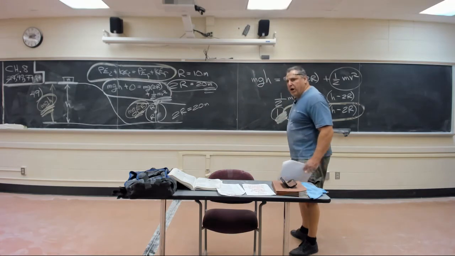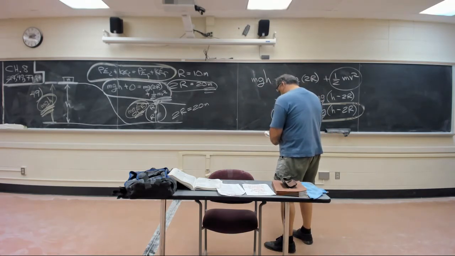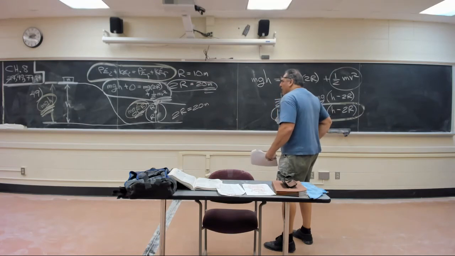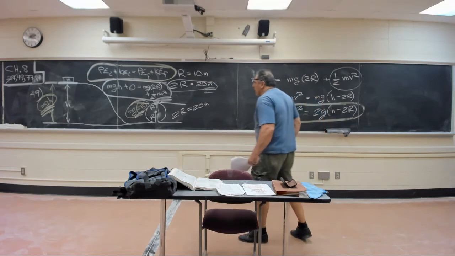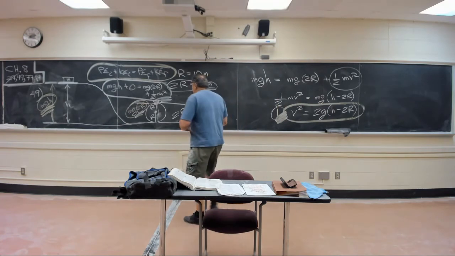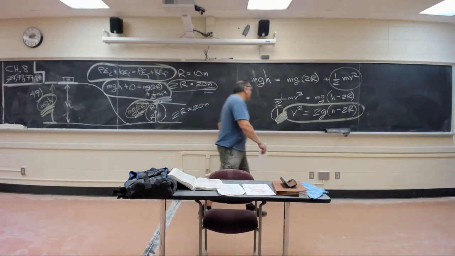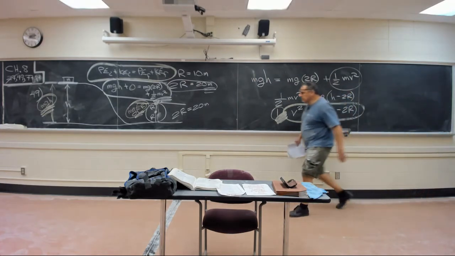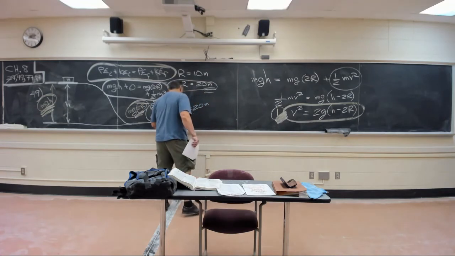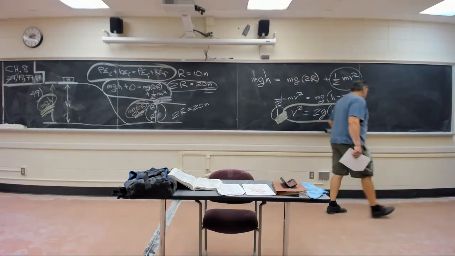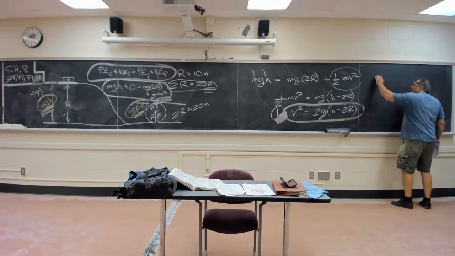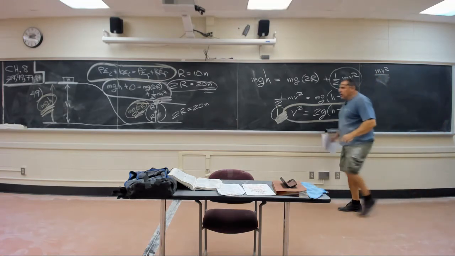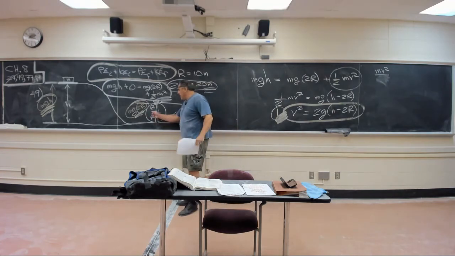As we're doing this, let me see here, guys. As this thing whips around, we know that mv squared over r, I care now about the loop right here, whatever it is, r.